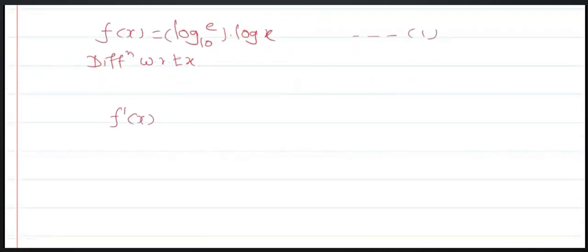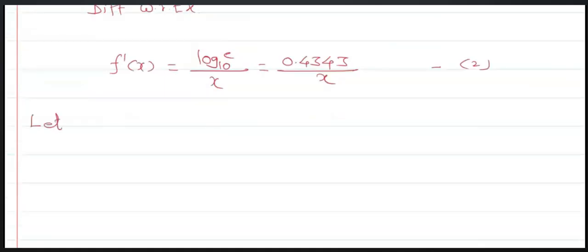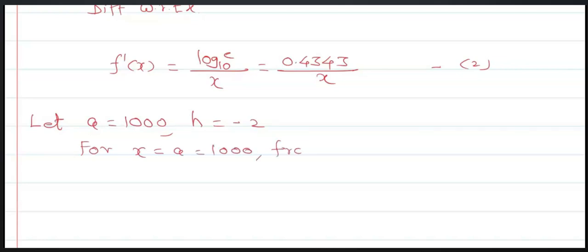Now differentiate this with respect to x. f dash of x is equal to log of e to the base 10 and the derivative of log of x is 1 upon x. Therefore, with the value that we have been given, it's 0.4343 upon x. Now let a be equal to 1000, h equal to minus 2. That is, 998 is nearest to 1000, and therefore we take a equal to 1000, h equal to minus 2.